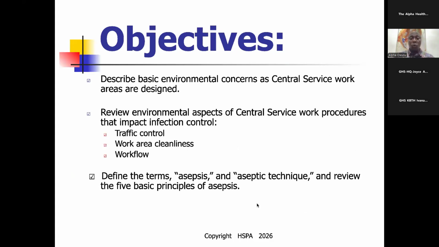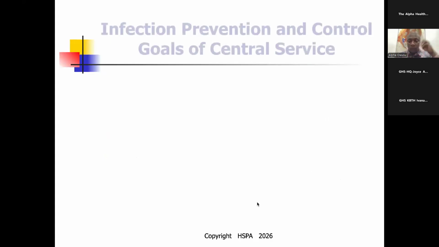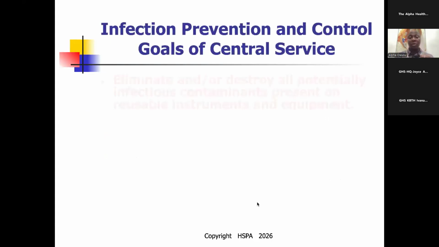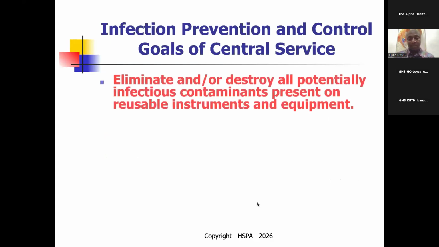By following all those processes, those standards, mandatory regulations, voluntary regulations, we want to eliminate and destroy potential infectious contaminants on reusable instruments, because these reusable instruments are going to be used on another patient, right? Going through the cavity, whether an invasive or non-invasive procedure.